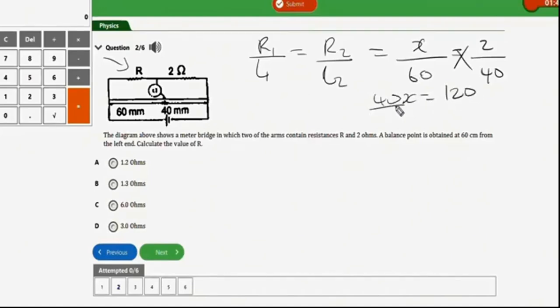So divide both sides by 40. So we are going to have an output of 3 ohms, and that will be the answer to this question. Our R1 will be 3 ohms. The correct option is option D. Alright, so that's it for this question. Let's wipe this now and solve the next repeated question.